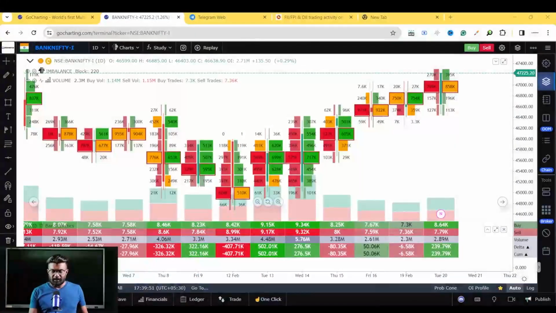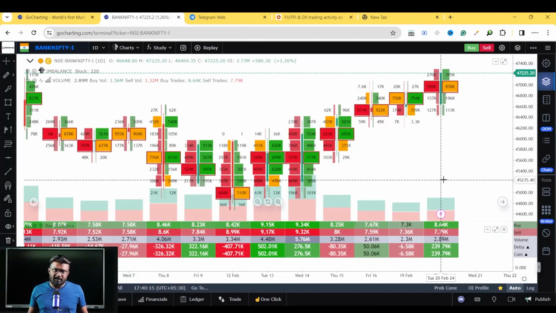Now, talking about the market, we are following different type of strategies, or we are following different type of pattern now. Instead of following a candlestick pattern, we are going into this order flow management.